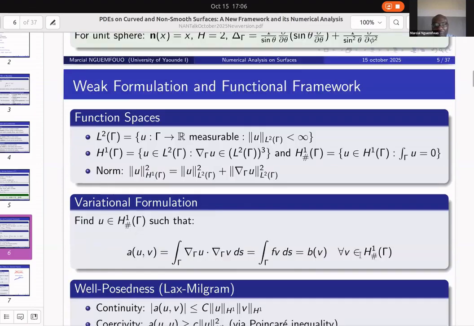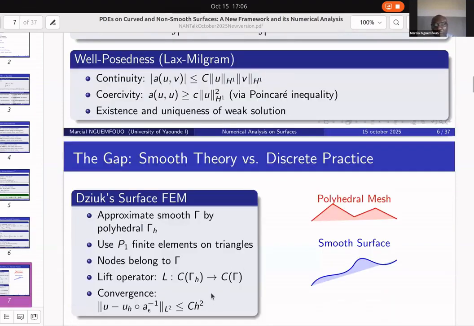I don't know if you remember the tubular neighborhood. When I have my manifold, I can define the tubular neighborhood like this. It is an open set that contains the surface. Now, with that Fermi coordinate, we can project onto the surface in that neighborhood.